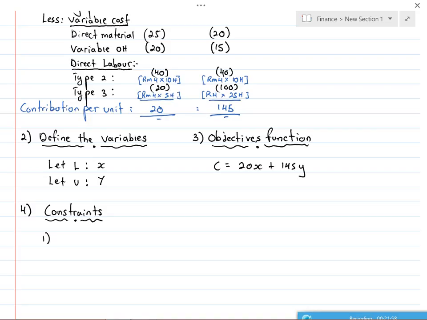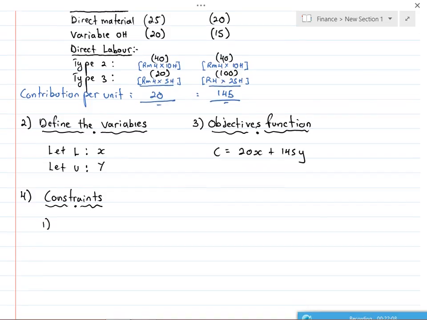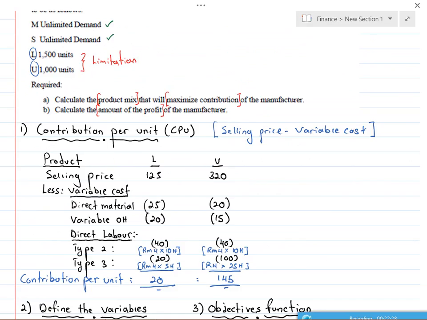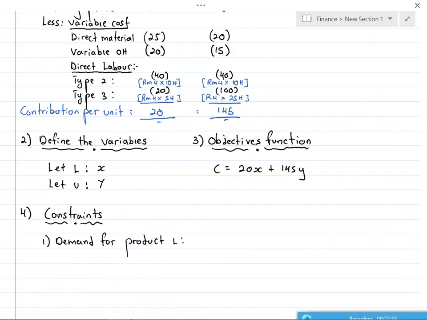Because of the limitation in the demand, am I right? That is your main problem. So problem number 1: demand for product L. How much is the demand for product L? 1,500 units. But you have to put it in as an equation.